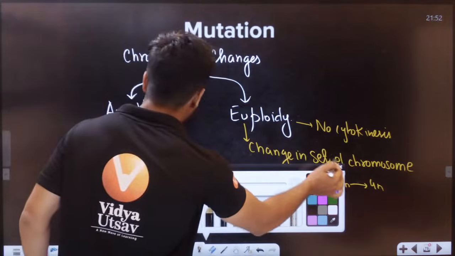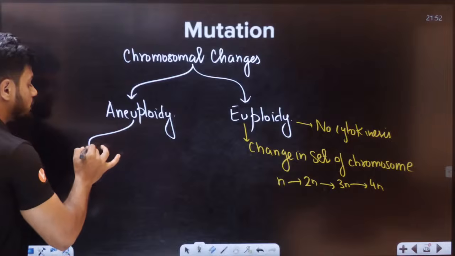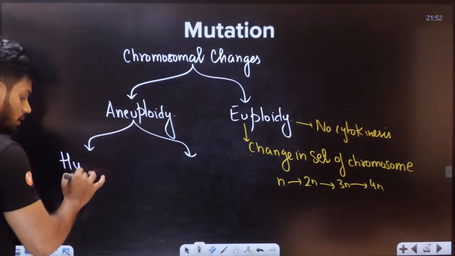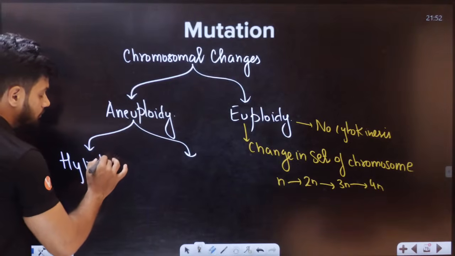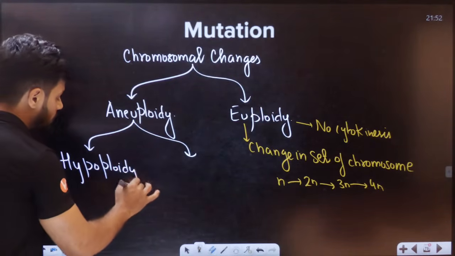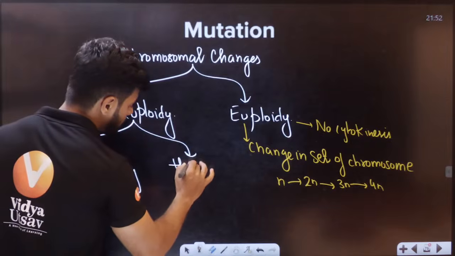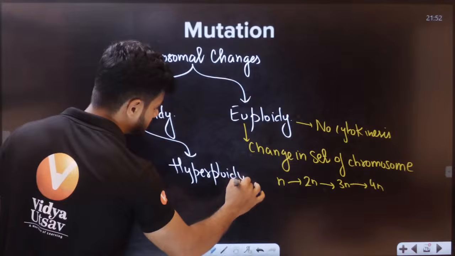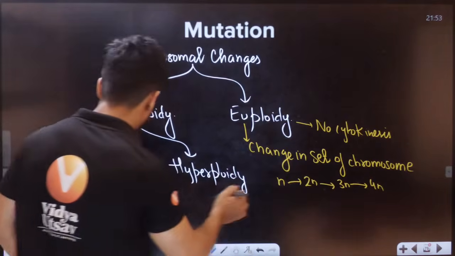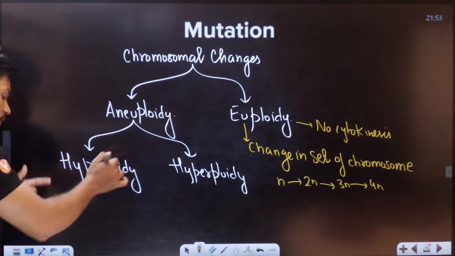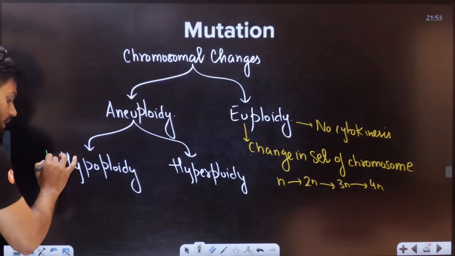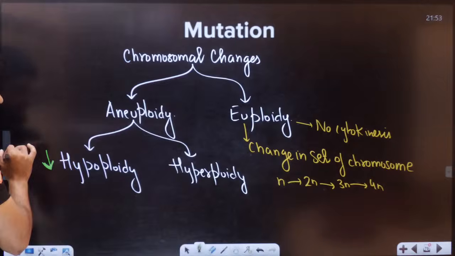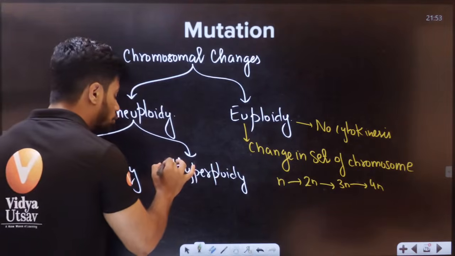Now, under aneuploidy, we have two types. One is called hypoploidy, one is called hyperploidy. In the case of hypoploidy, there is a decrease in the number of chromosomes. In hyperploidy, the chromosome number increases.